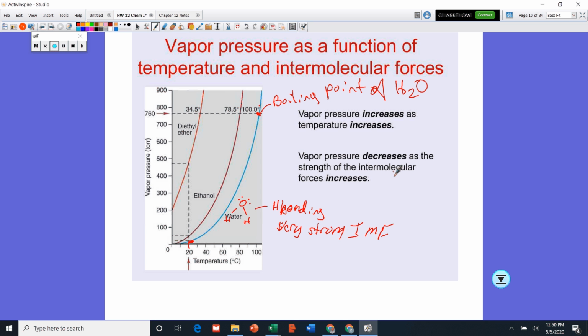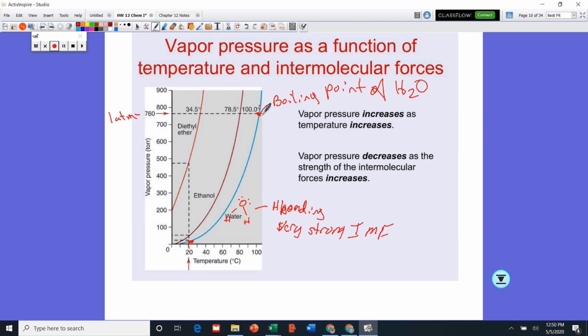This is the boiling point of water at 100 degrees Celsius and 760, which is 1 atmosphere of pressure, or standard pressure. So we have to raise the temperature of water to 100 degrees Celsius at 760 in order for it to vaporize.